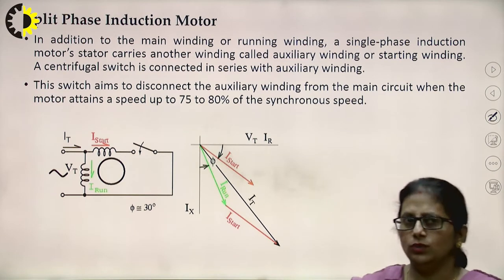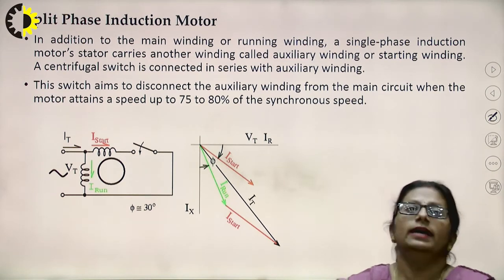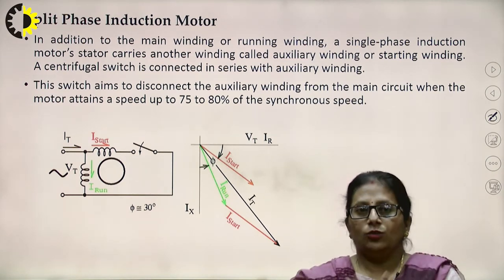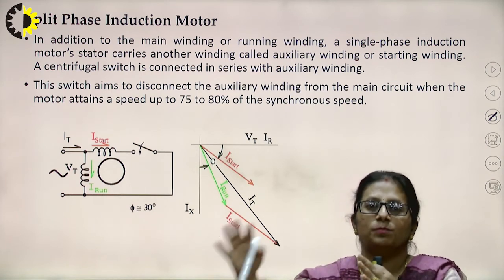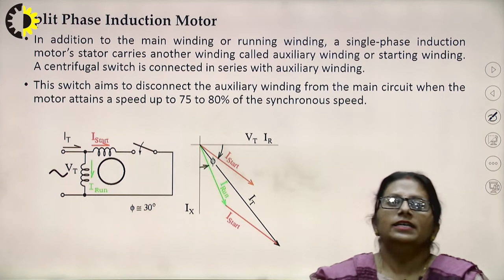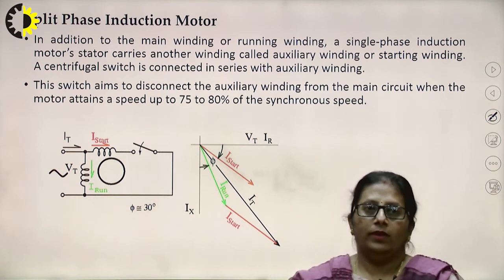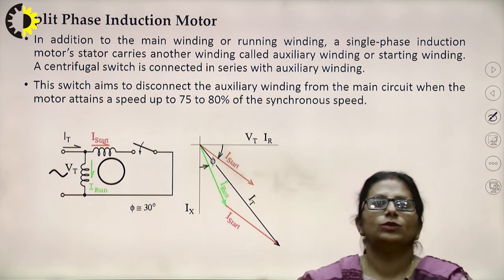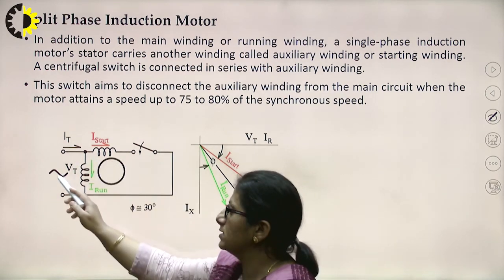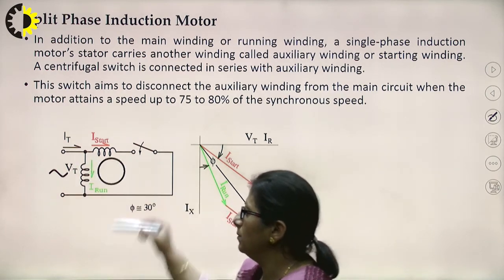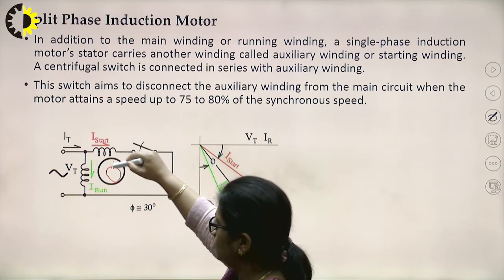Quickly moving on to the split phase induction motor. Now, the name itself says that the phase is being split, right? So what is being done over here is, in addition to the main winding or the running winding, this is the main winding, this is the supply being given to the induction motor. This is a squirrel cage induction motor.